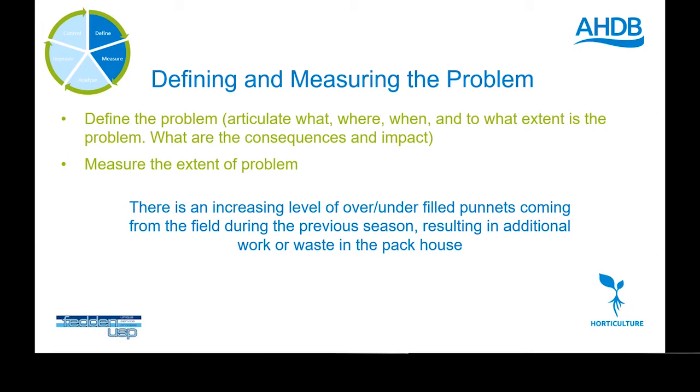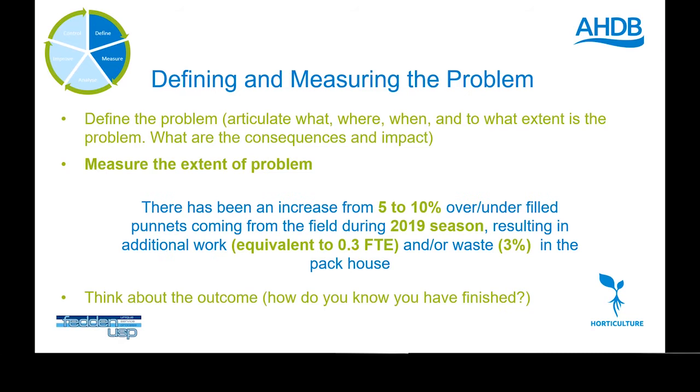I'll show you some techniques about how you do this in a second. A better quantified problem statement would be, there's been an increase from 5 to 10% of underfilled punnets coming from the field during the 2019 season, resulting in additional work equivalent to a third of an FTE and additional waste of 3% in the pack house. So very, very clear about the scale of the problem.